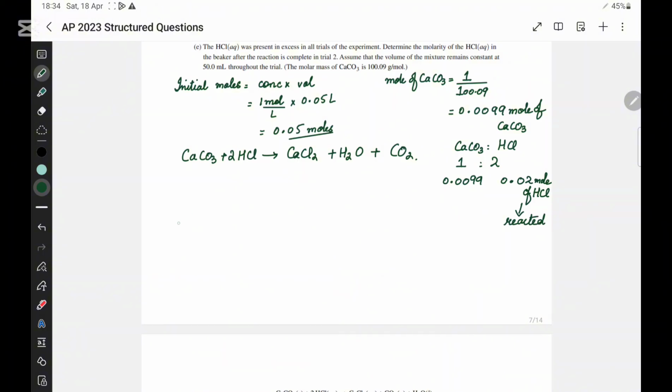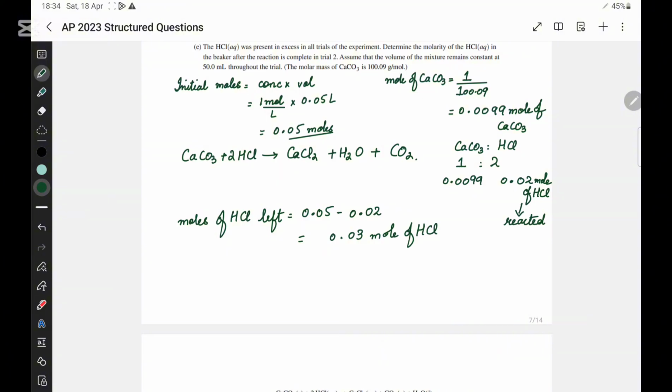So how many moles of HCl have been left? Moles of HCl left: initial moles, which are 0.05, minus reacted moles, that are 0.02, comes out to be 0.03 mole of HCl.